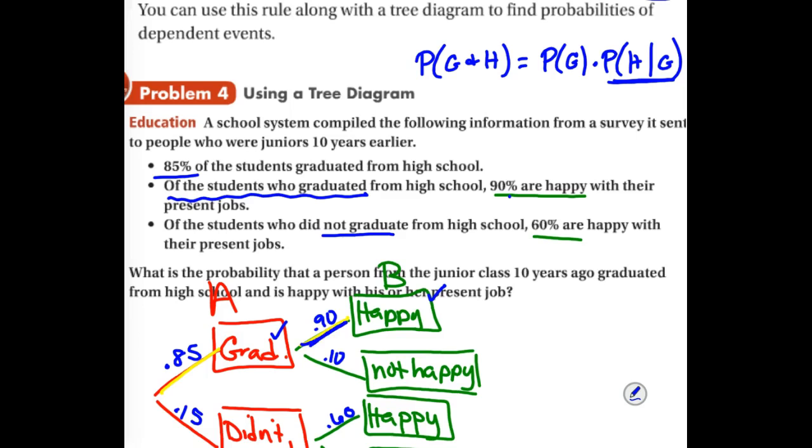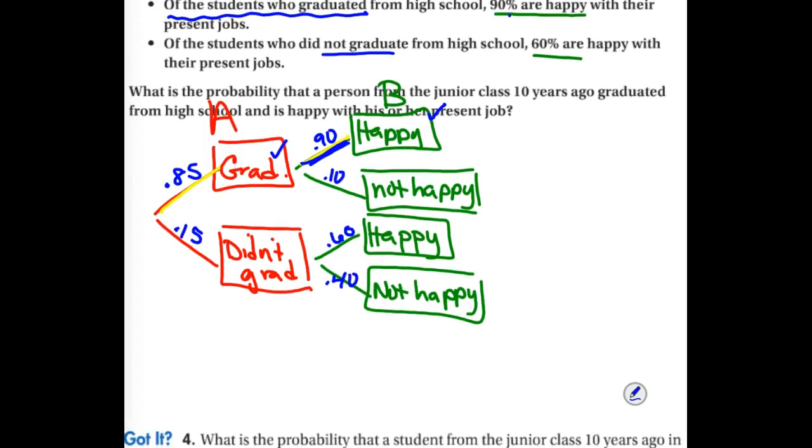That's this one. Yes? And the formula is telling me we multiply those together. So in a tree diagram, to get out to here, so they've graduated and they're happy, to go out that complete branch, we just have to multiply the probabilities of our path. Does that make sense?